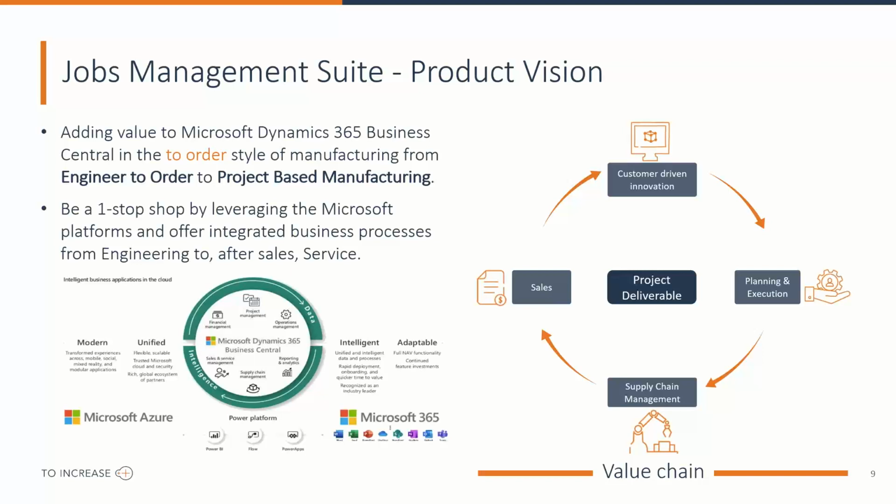We have the planning and execution side, where we plan the timeline of the project, and have later on with resource management, resource tasks for the people that are working on the project, and of course, and last but not least, into the supply chain to have a tight control on, let's say, the material flow within the project.